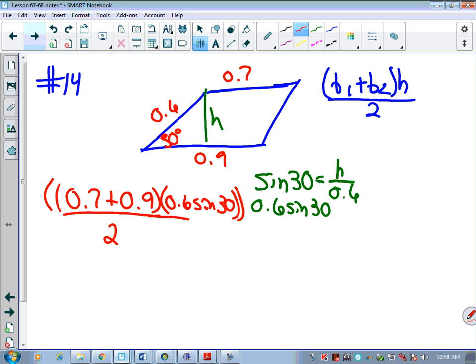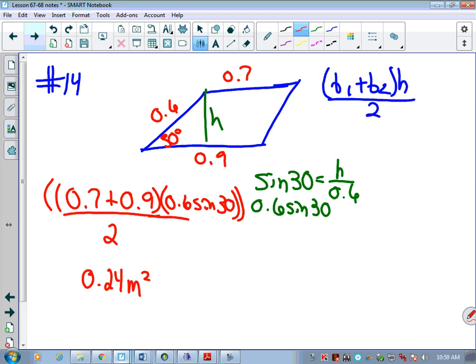I got 0.48, divided by 2, I got 0.24. Let's check and see if that's the answer. It is 0.24, but it's meters squared.